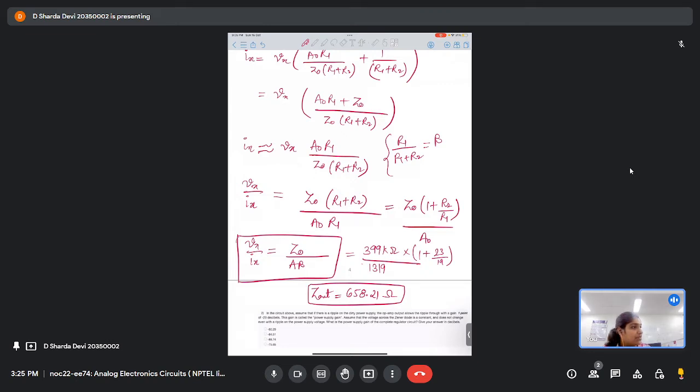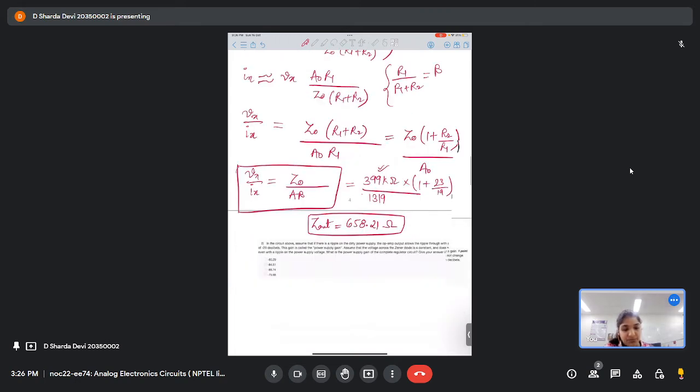Earlier the output impedance of the op-amp was 399 kilo ohms, but now it has reduced to 658.21 ohms. So it has reduced drastically. This is because of the feedback circuit that is present.